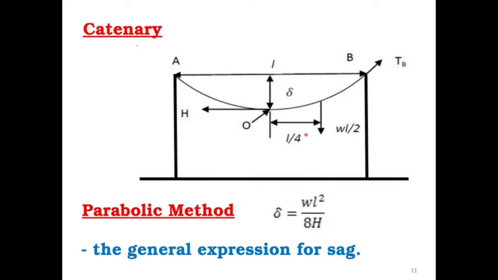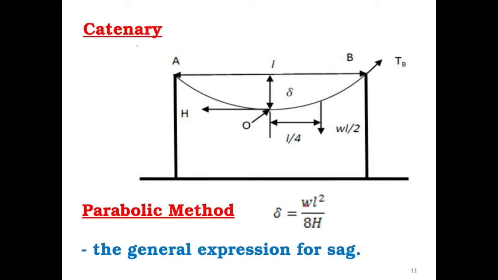The conductor takes the shape of a parabola due to its weight.